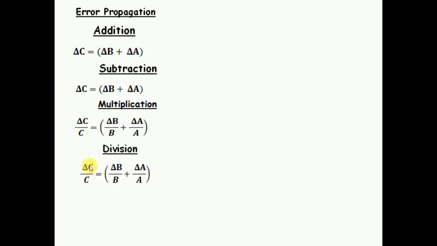In division also we have to add the fractional error of two physical quantities, and in nth power we have to multiply the fractional error of the physical quantity with the value of the power. So we'll be using these formulas.